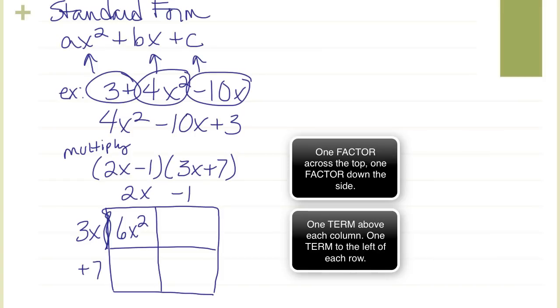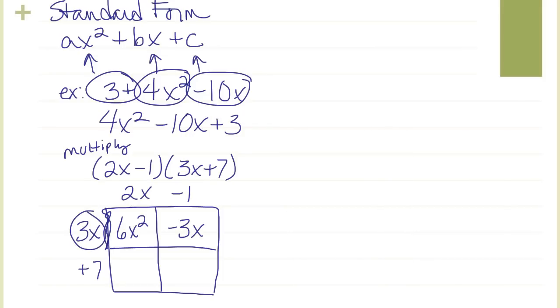So 3x times negative 1, negative 3x. So we really just distributed 3x times 2x minus 1. You can think of it like that. And then we're going to do this row, and we're really distributing 7 times 2x minus 1. So we have 14x minus 7.